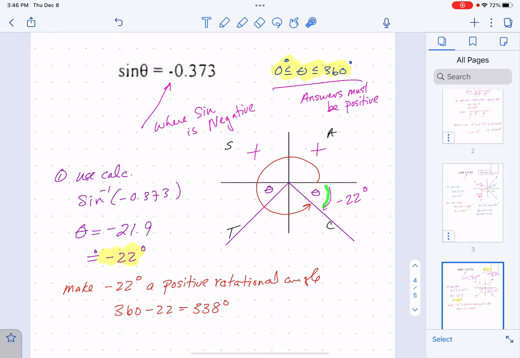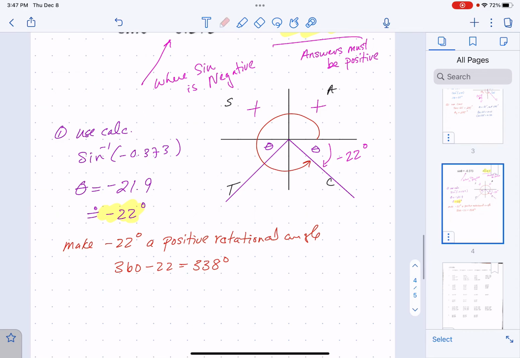We used our calculator to get negative 22. And that is one of my answers. The only thing is I can't write it like a negative because they told me that they want all my answers positive. So I'm not finding this other angle. What I've just done is changed this from being negative 22 to talking about it as positive 338. And that'll be one of my answers.